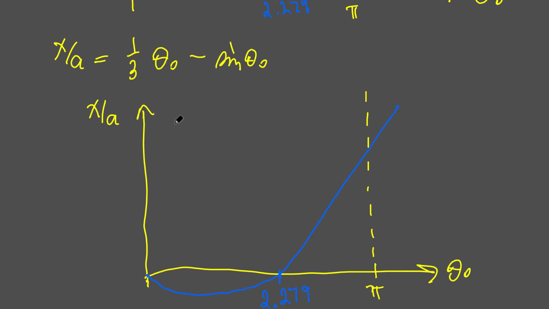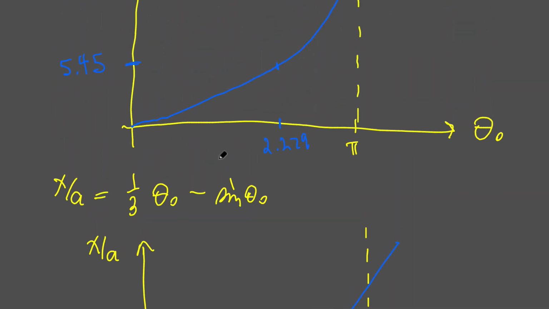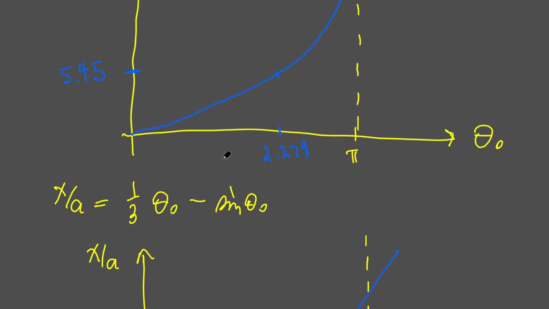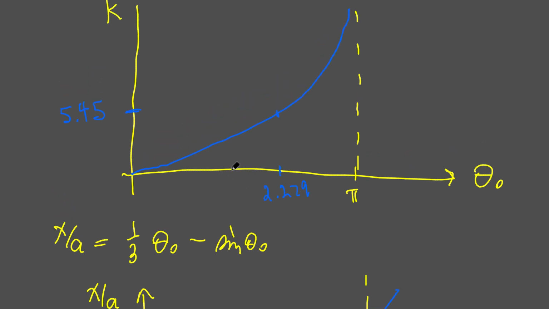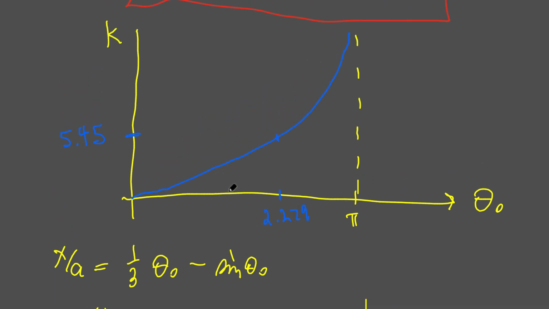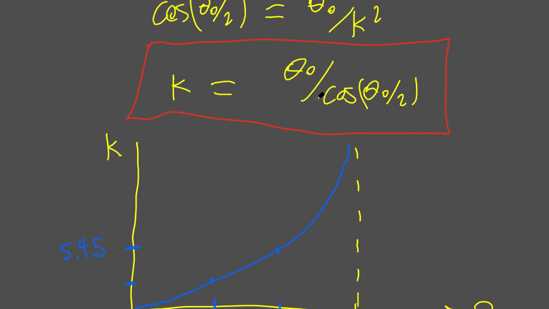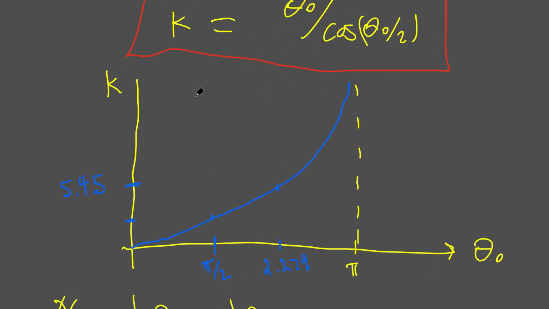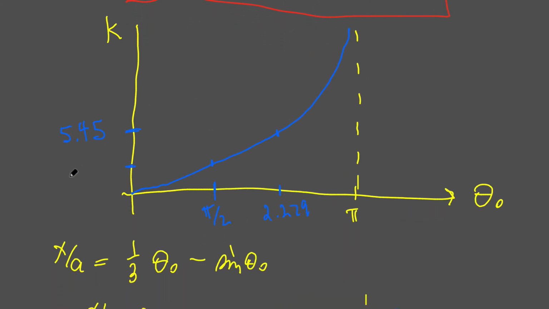Whether it's the tip of the pencil that hits the tabletop or the shaft of the pencil hitting the corner depends on whether the orientation theta naught is greater or less than pi over 2. Pi over 2 is about 1.5, right in here somewhere. Plugging into this formula, when theta naught is pi over 2, k is equal to about 2.22.